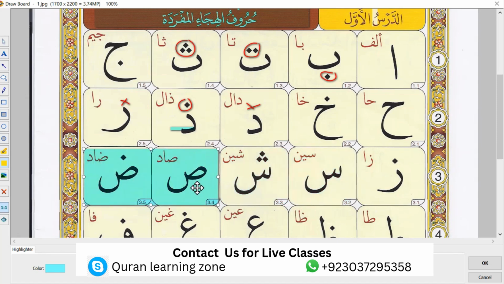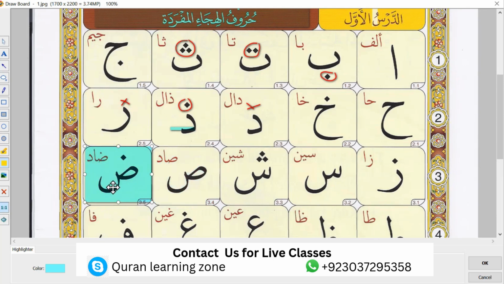Okay. And the next one is here, sod, dod. These two letters will be read in a heavy sound and there is a difference between them. Sod has no dot on the top, dod has one dot on the top.